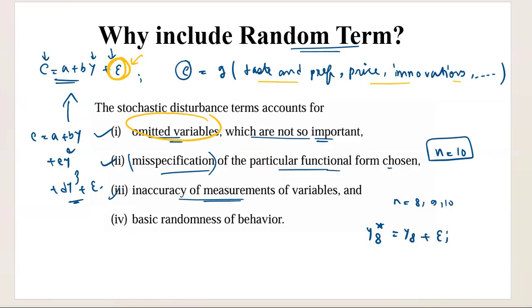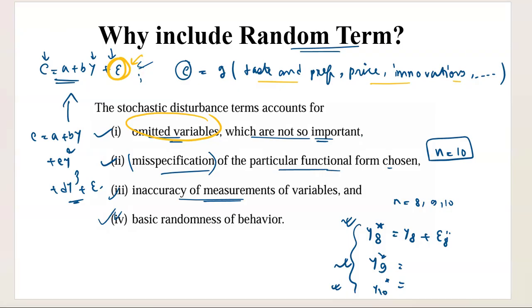So this y8, y9 and y10 data is not available to you. Actual data is not available to you. So you are taking some erroneous variables, some proxy variables. This is also a separate chapter that I'll cover. So errors in measurement, inaccuracies and errors due to lack of reliable data can also appear. And that can also be accounted for with this random term which is included.